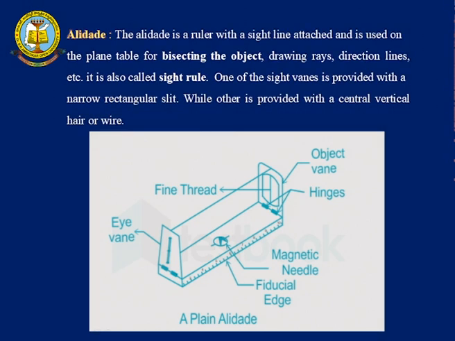The alidade is a ruler with a sight line attached and is used on the plane table for bisecting the object. This is very important. For bisecting the object, you see the object through the eye vane and through the object vane you bisect the object, and then draw the direction lines, etc. It is also called a sight rule.